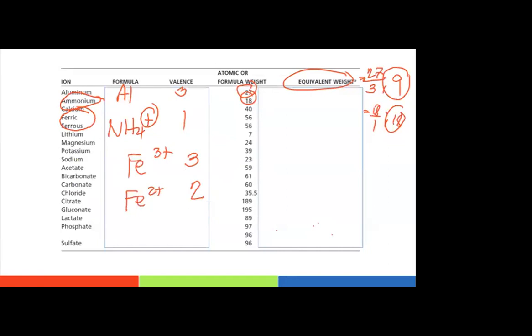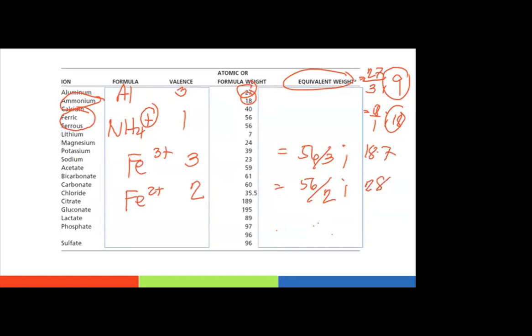So therefore, if the atomic weight of iron is 56, what is the equivalent weight of ferric? 56 divided by 3. Kapag naman ferrous, 56 divided by 2. And the answer, respectively, are yung ferric muna. And ferrous, 28. Nakuha ba?